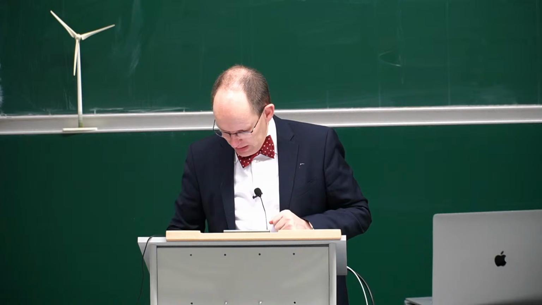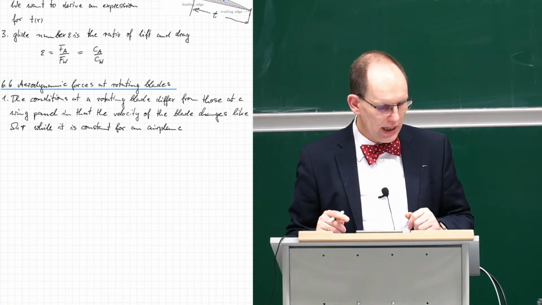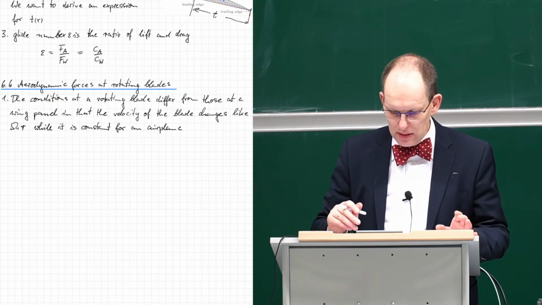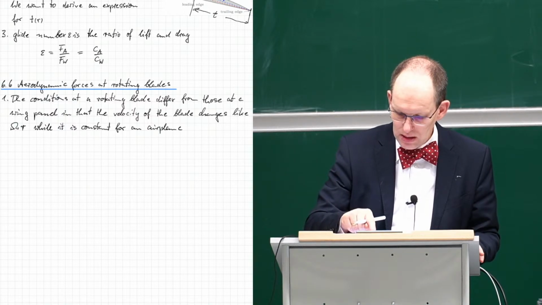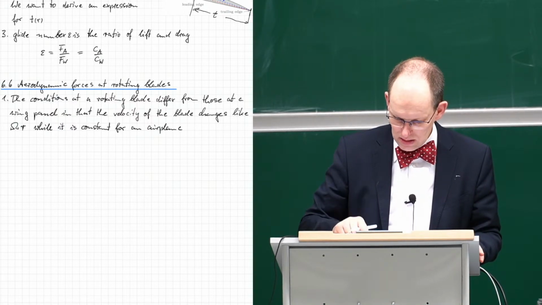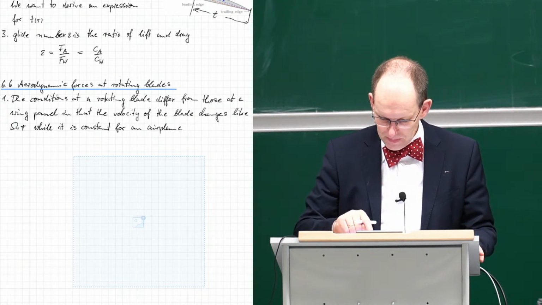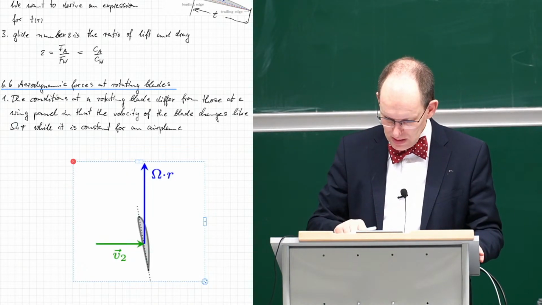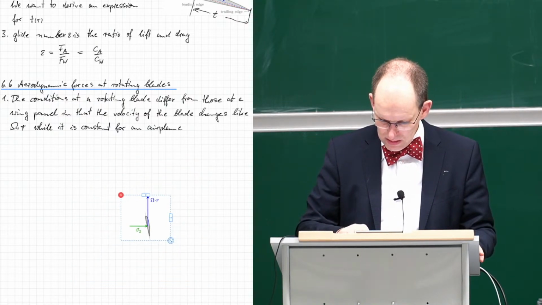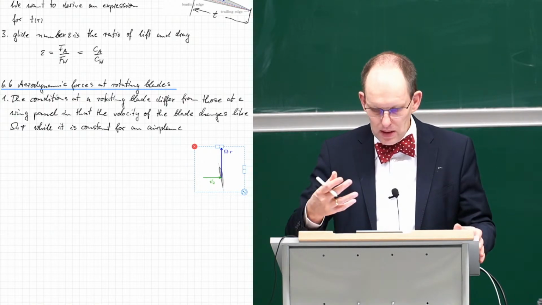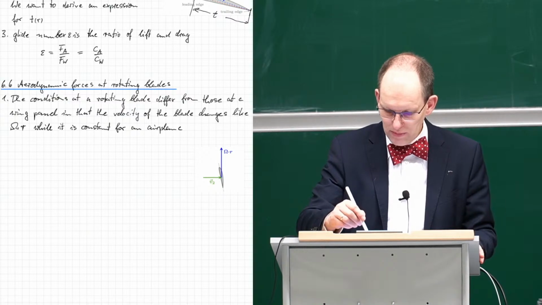Okay, so what we will do is to look at the situation with a small drawing. Let me bring it up here. What you see here is the cross-section through the airfoil, quite obvious, right?